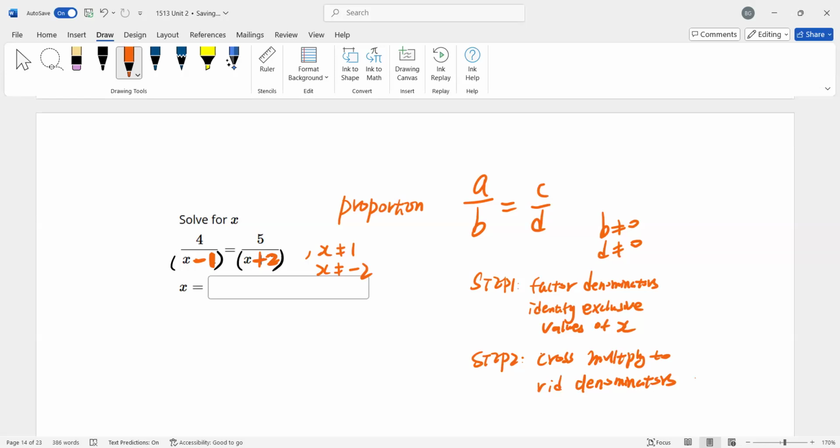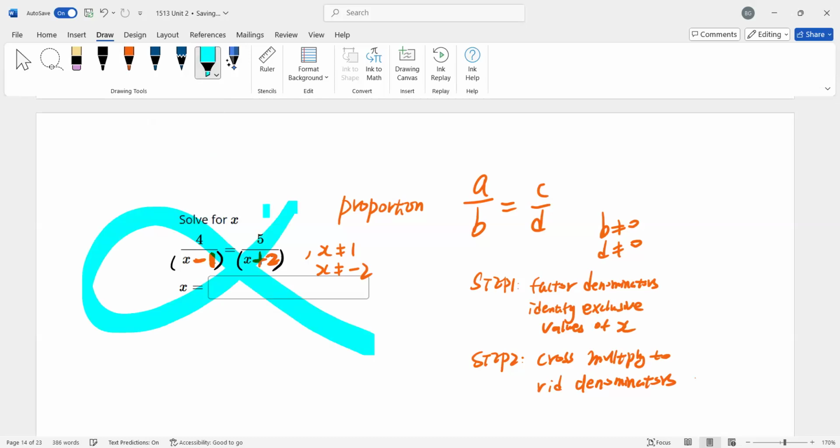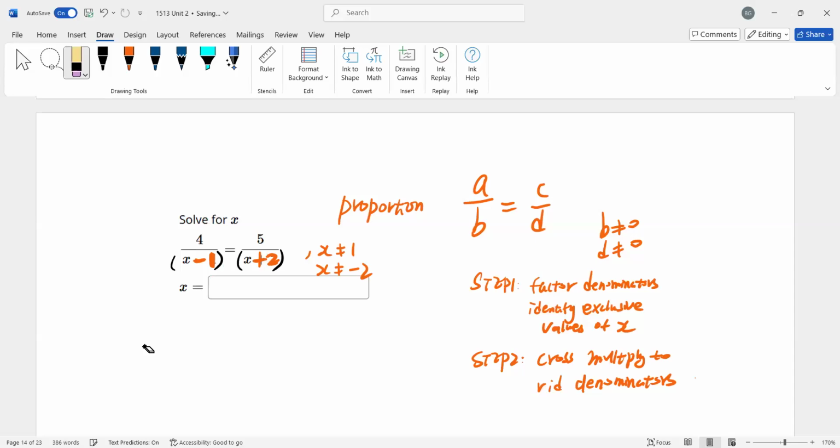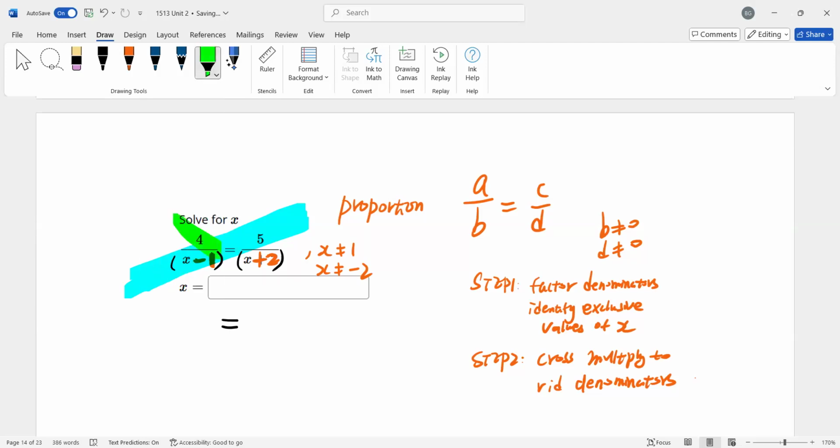It's cross multiply, like this. What is cross multiply? The order doesn't matter. So basically, you rewrite the proportion. You multiply those two parts and equate that with the multiplication of those two parts. Right, so that is cross multiply.